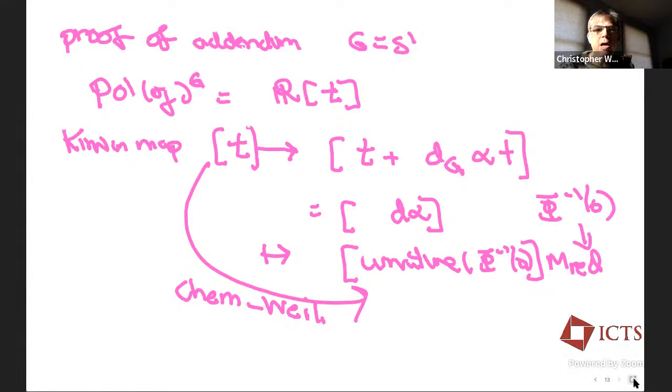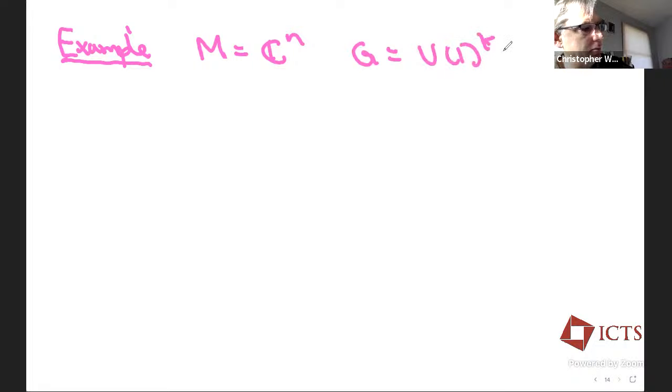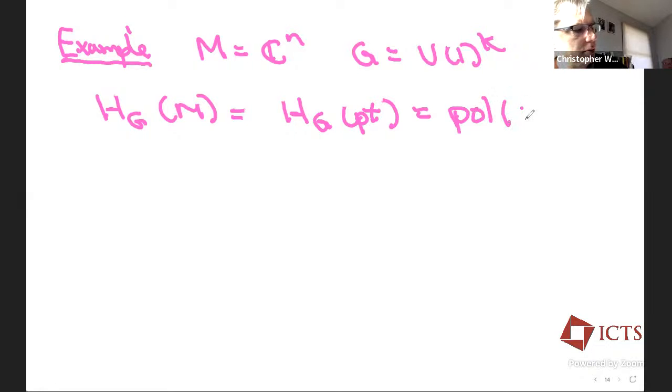So let's see what happens now in the case of toric variety. So M now is C^n and G is U(1)^k. And H_G of M, well, M is contractible to a point. So I only have 0 forms here. And so this is the same thing as polynomials on G which are G invariant.